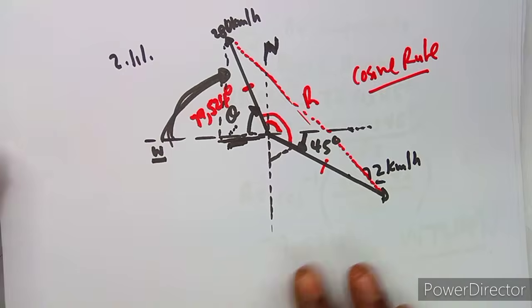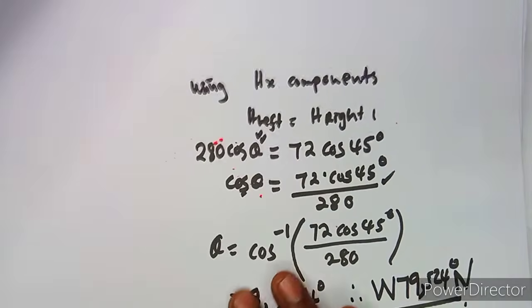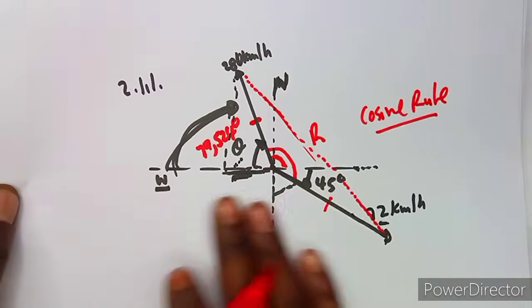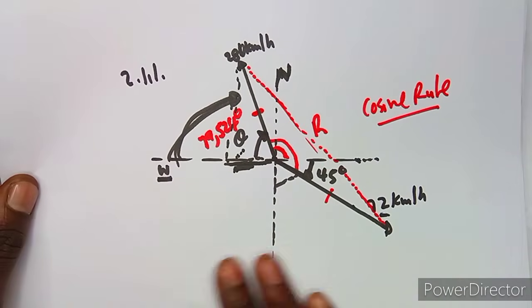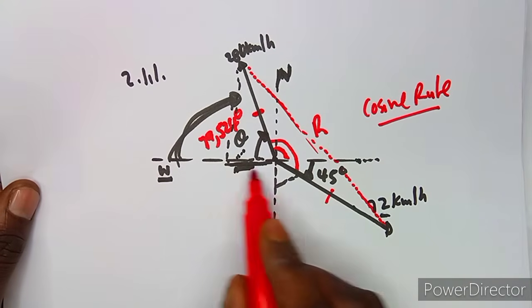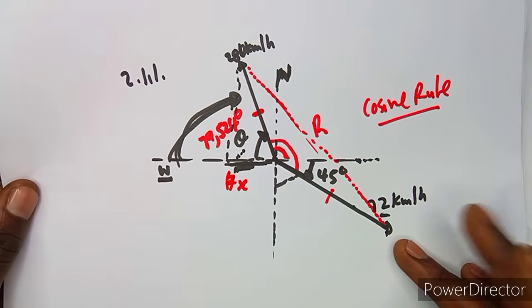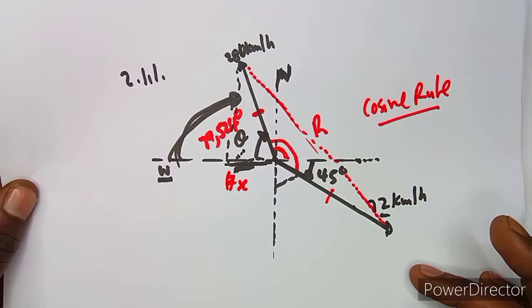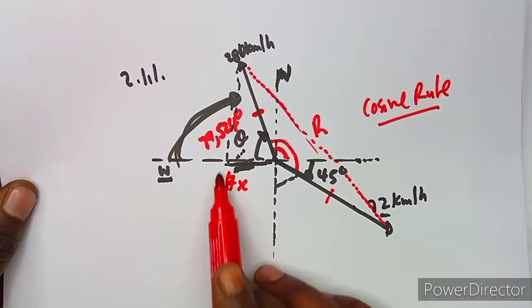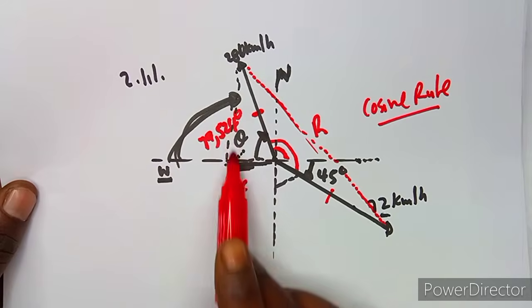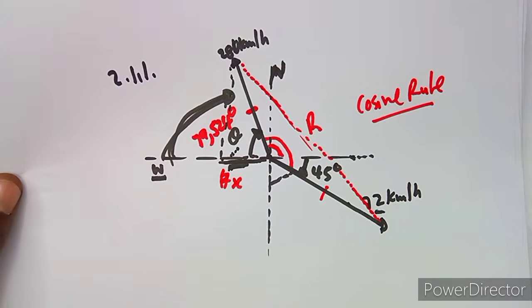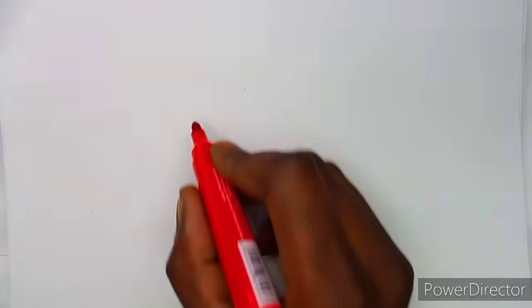So I'm just going to explain another method this time, so that we don't use only one way. You can actually use components. In this case, find the horizontal components and the vertical components. But since we want the velocity, you can just use the vertical components in this case.